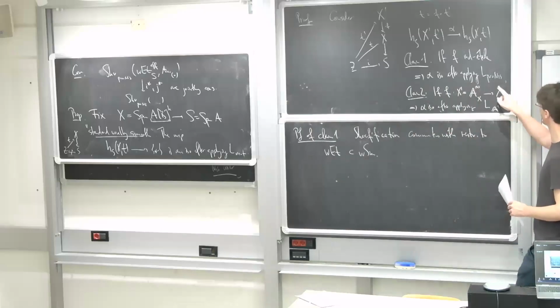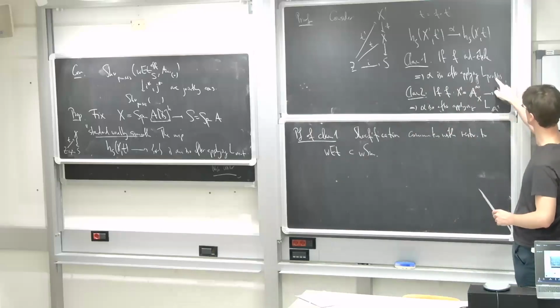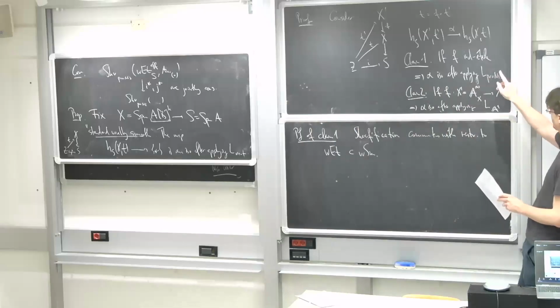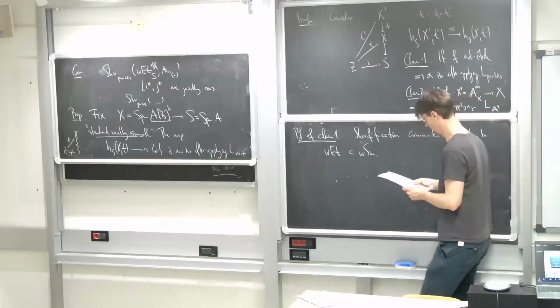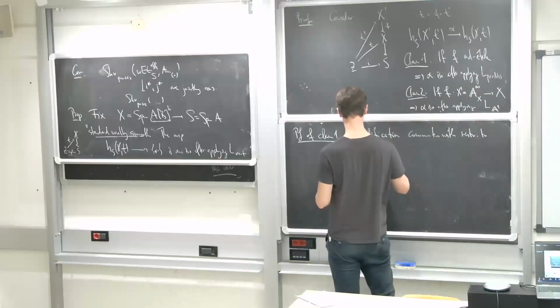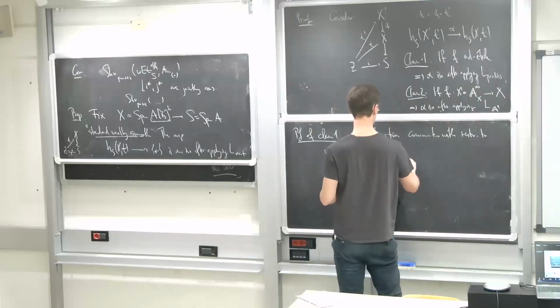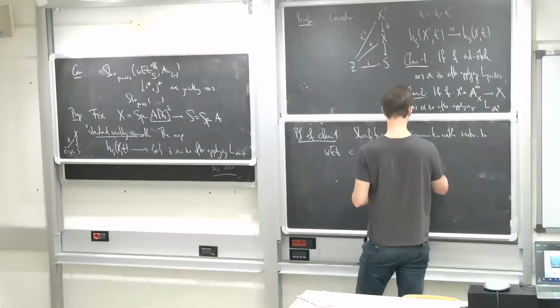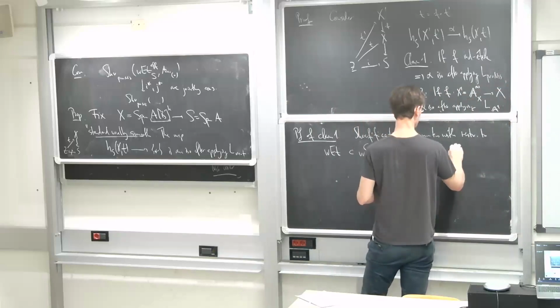So for the purpose of this argument, we can evaluate these two pre-sheaves on some scheme and then only care about the weakly étale side. So pick some T, which is one such test scheme.